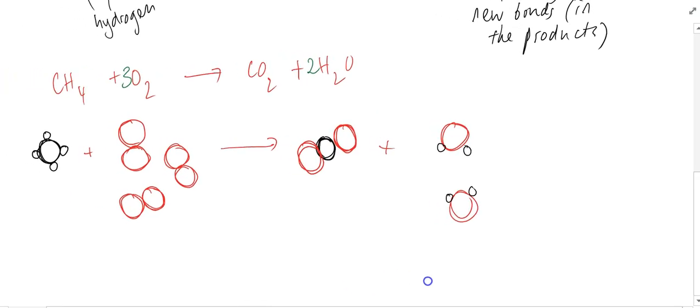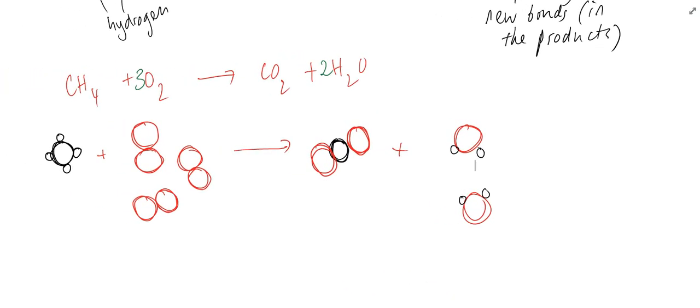If you have a look at this overall structural equation that we've drawn, you can track every single atom and find where it ends up in the products. So this oxygen, let's say, goes there. This oxygen goes there. And this oxygen goes there. Whoops, I made a bit of a mistake. There should be only two oxygen molecules here.